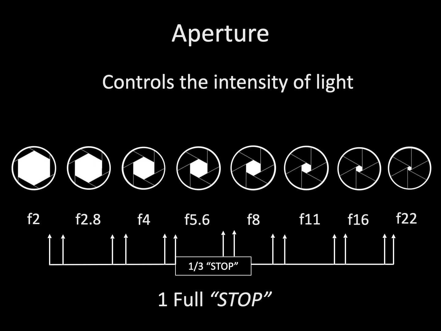So to change from f2 to f2.8, the dial that you're operating to make that change, it will be 3 clicks. So it's something that after a little while of playing around with that, you'll get familiar with that kind of muscle memory.